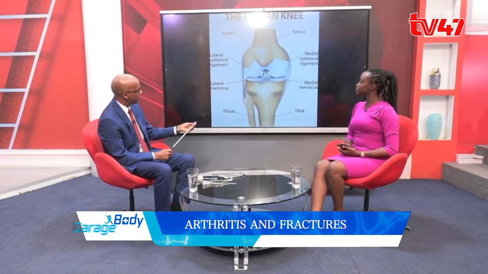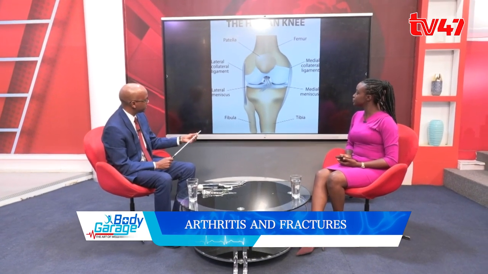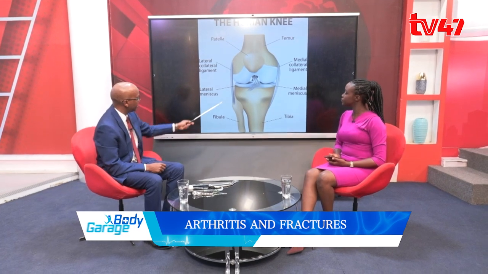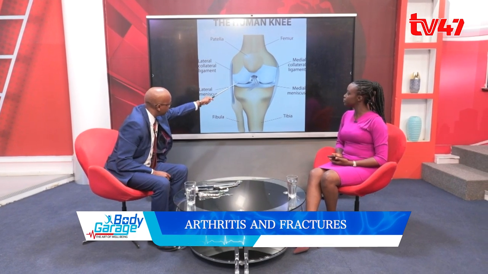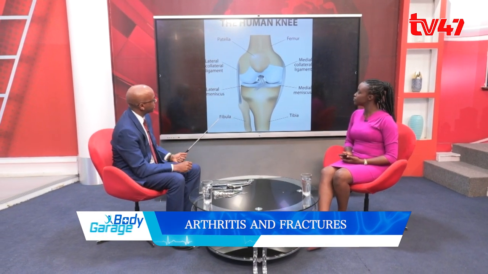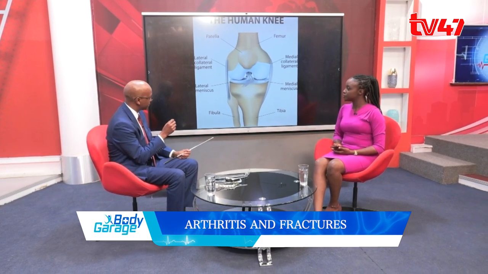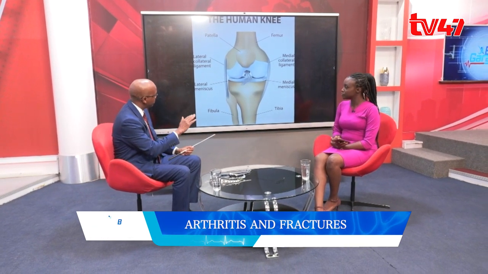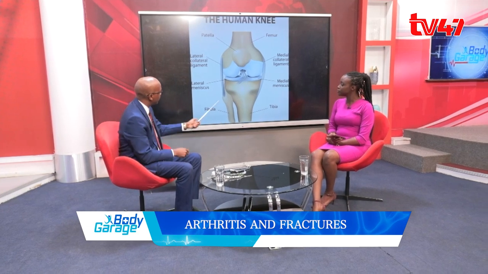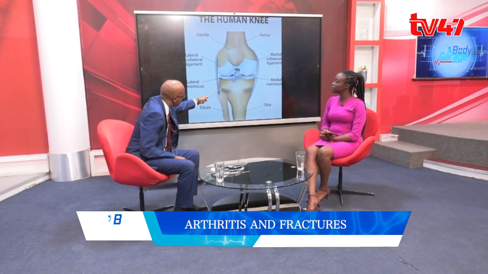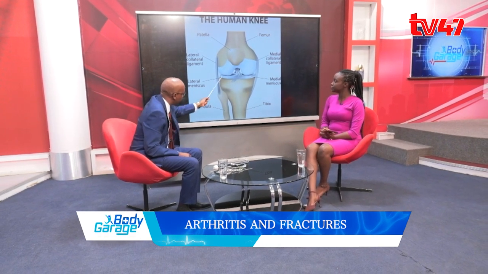This is a human anatomy, and specifically the knee. The area that appears to be white is what we call the articular cartilage. That articular cartilage is made up of very special cells that absorb shock when you're walking, so that bone above there does not cause friction with the bone below, the tibia.